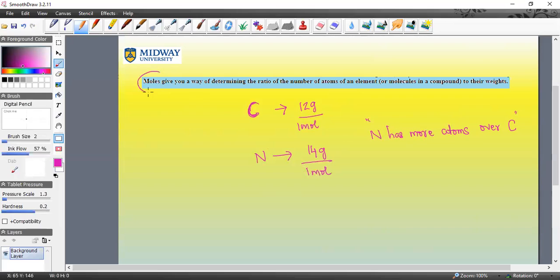Right here, this mole is a messenger. That is, it communicates between grams and atoms. It's the missing piece, and the mole is like a messenger that connects grams to atoms, right?